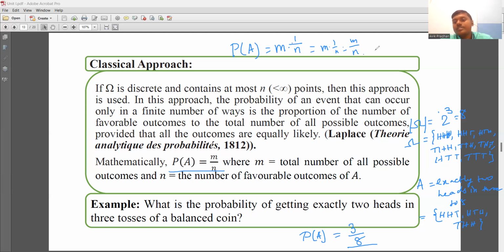One is we are considering the finite number of outcomes for the experiment, and the second is the assumption that the probability of occurrence of a particular outcome is equally likely. So these two things may not happen in reality.